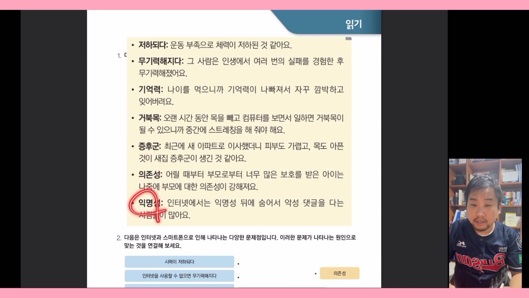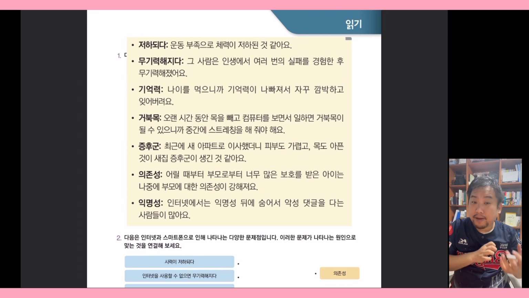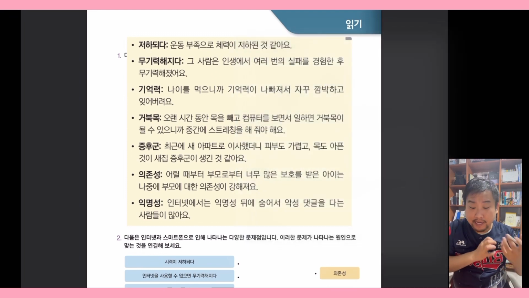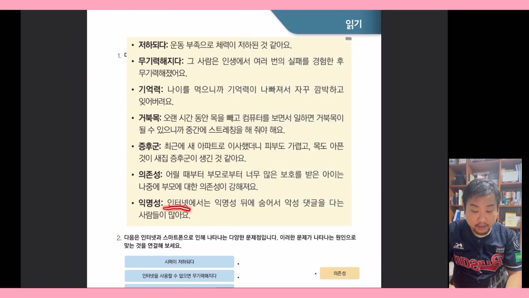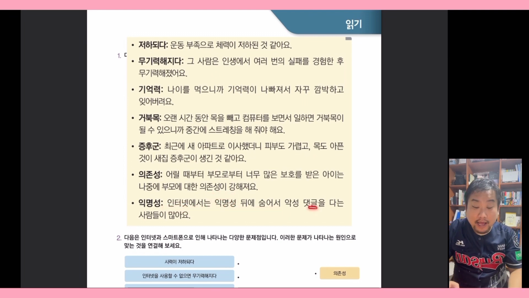And 익명성. 익 is no. 명 is your name. 성. So anonymity. 익명성 is anonymity. So it's a common feature of internet is anonymity. 인터넷에서는 익명성 뒤에 숨어서 hide behind the anonymity in the internet. 악성 댓글, bad comment 다는 사람들이 많아요.